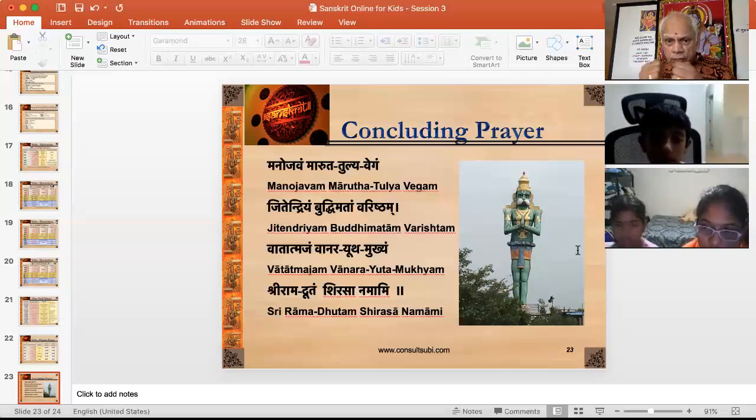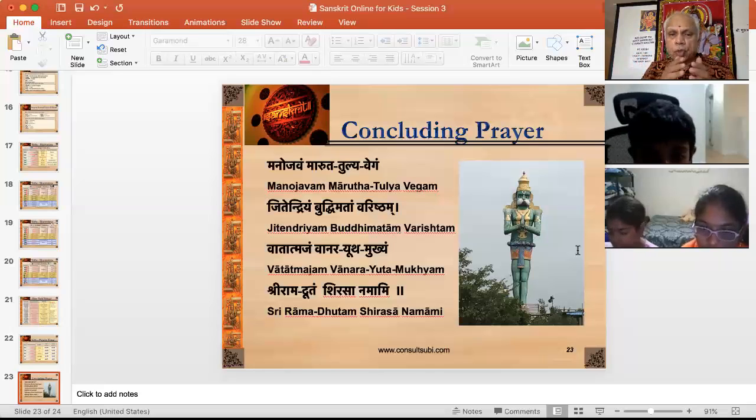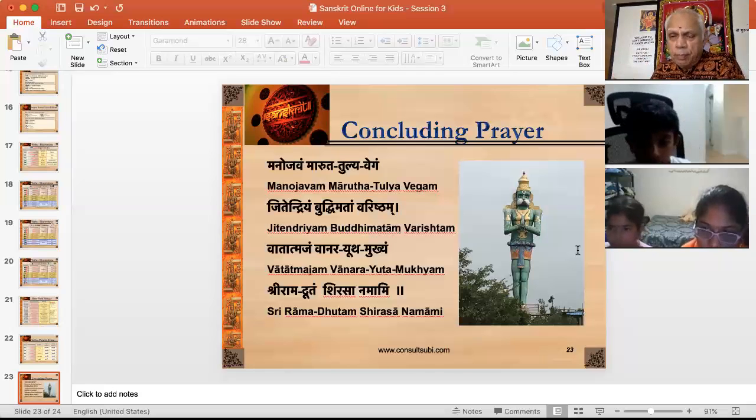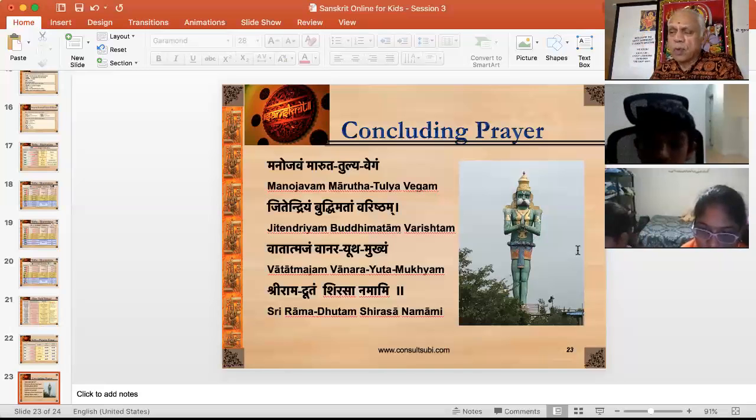Many such sandhis come together, but if you start splitting them up, you know the meaning. Mano Javam, Maruta Tulya Vegam. I have put it separately there so you can read it properly. But in books, they'll all be together: Jitendriyam Buddhimadam Varishtam Vatatmajam Vanarayuta Mukyam Sri Ramadutam Shirasa Namami. So it's a beautiful prayer.